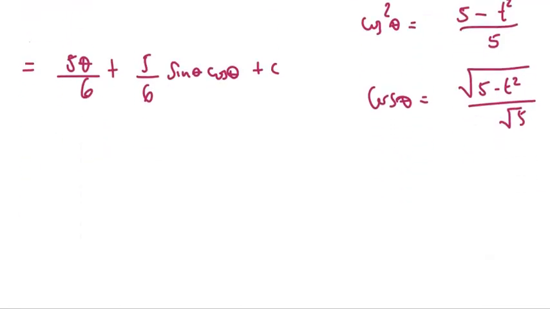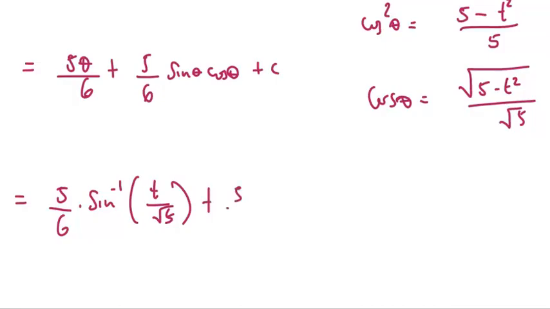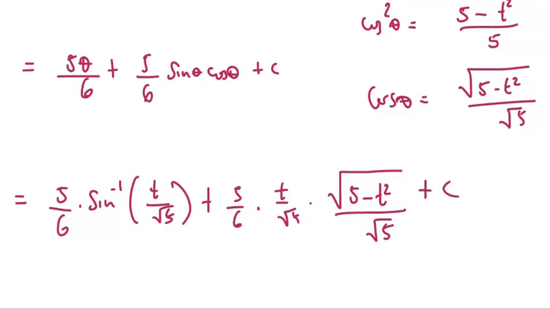So remember the value for theta, which is the inverse sine of t over root 5. So it's going to be 5 over 6 multiplied by the inverse sine of t by root 5, right? And then plus 5 over 6 multiplied by sine of theta, which is t by root 5, multiplied by cosine of theta, which is square root of 5 minus t squared divided by square root of 5. Don't forget our plus c.